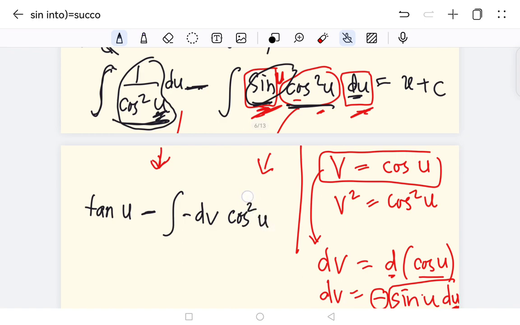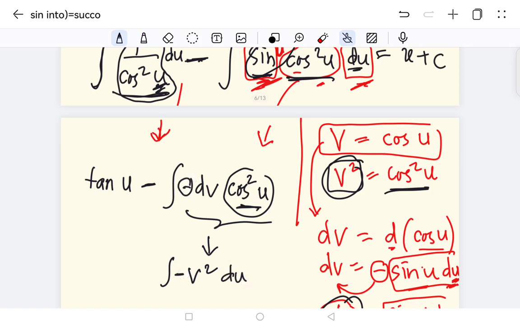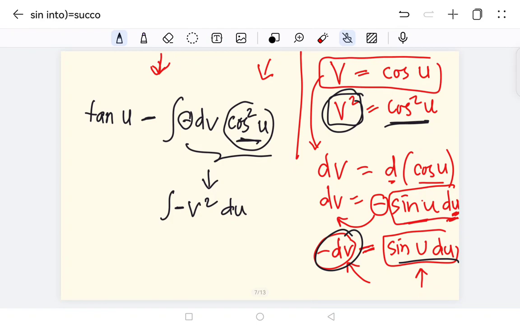Okay, so cos squared u is v squared. So now we can have it in the same variable on this part. So the integral of negative dv over v squared. This negative, right? So now we have tangent u minus, just put plus, the integral of dv over v squared.